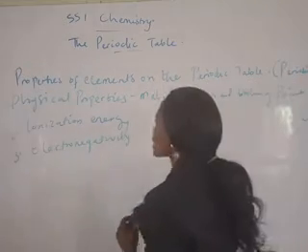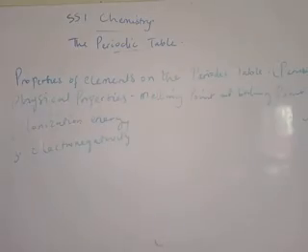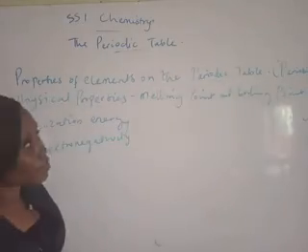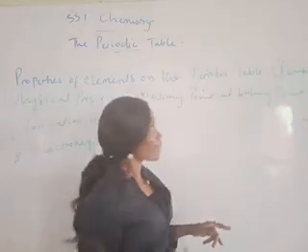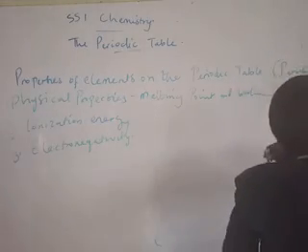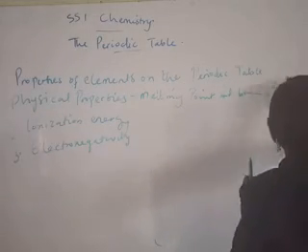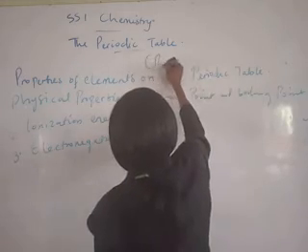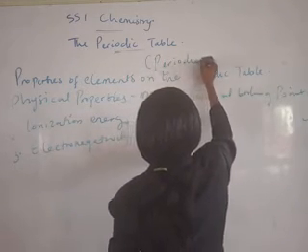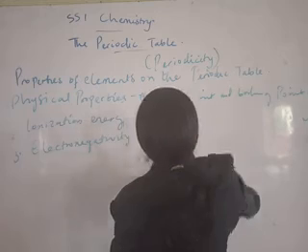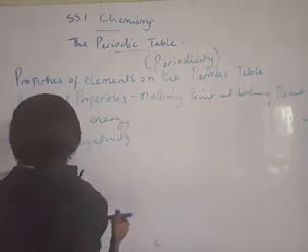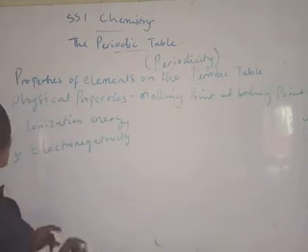Periodicity means the variation of properties down the group and across the period. Let me put it in a proper way so you can see it better. That's the variation of each of these properties down the group and across the period.